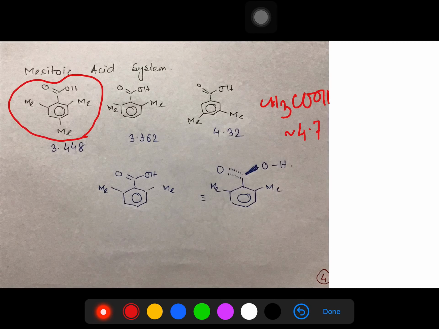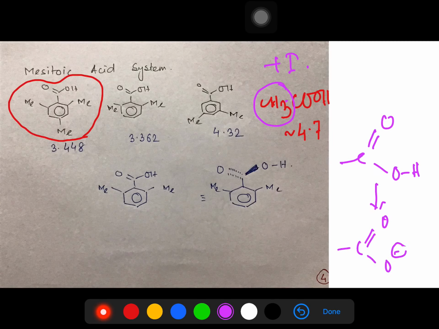In case of acetic acid, we know that it is a methyl group, so it has a plus I effect, means it pushes the electron towards this carbon. Consequently, the electron deficiency of this carbon is less in this case. So tendency to release this proton and produce this carboxylate anion is lesser, or better to say least, among all 4 examples.